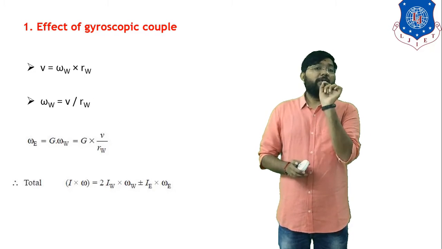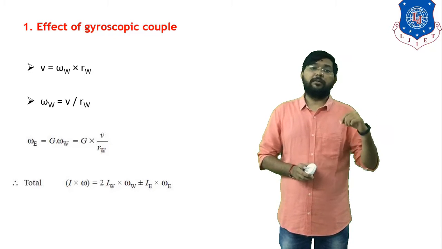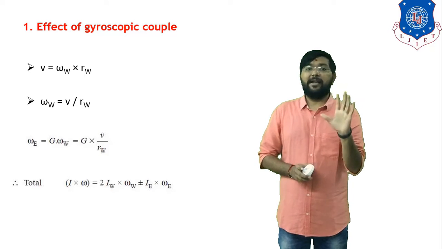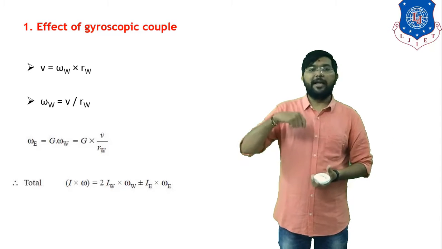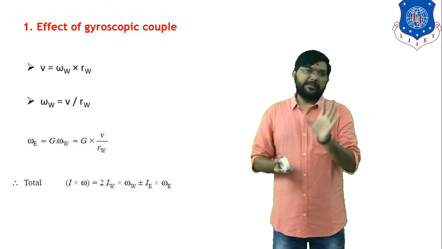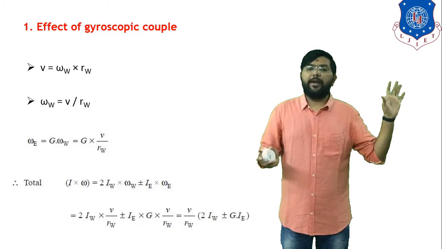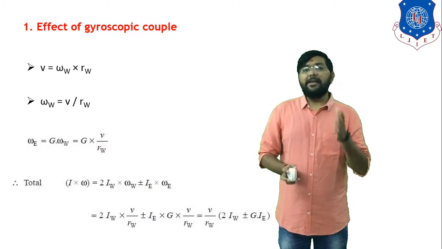Now you all know we have to use the plus sign whenever the direction of rotation is the same for the wheel and engine, and you have to put a negative sign whenever the direction of wheel and engine is opposite. So this is the equation for the momentum. Now put the value of omega w and omega e over here.